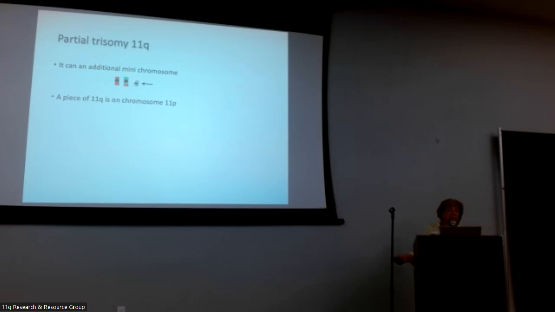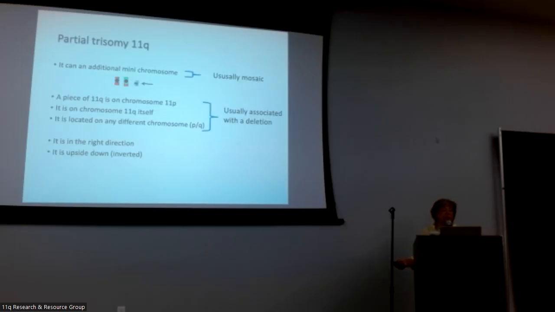A piece of chromosome 11q could be attached on chromosome 11p, on chromosome 11q itself, on a different chromosome, p or q, could be in the right position or upside down.